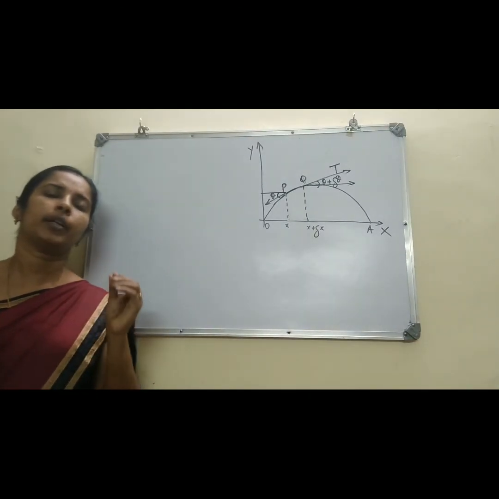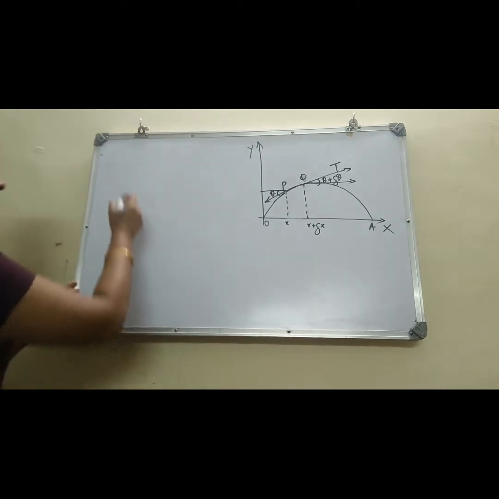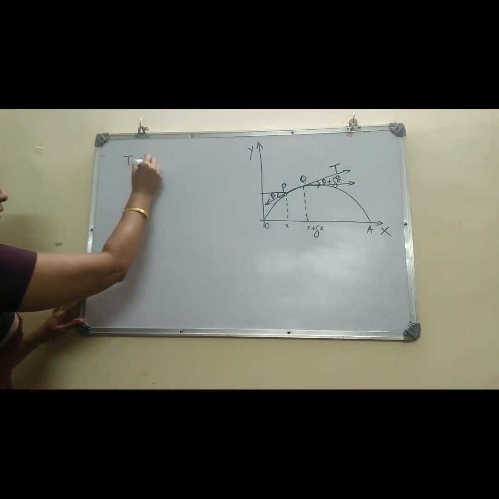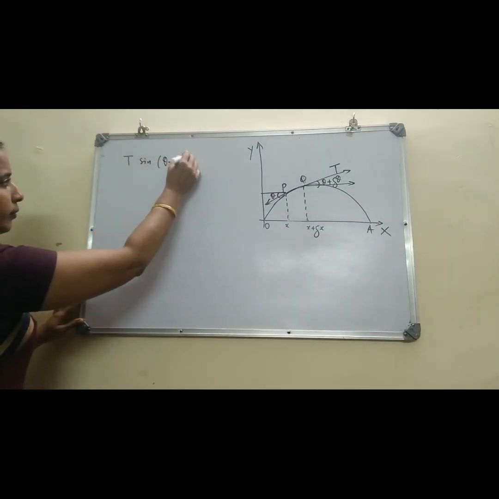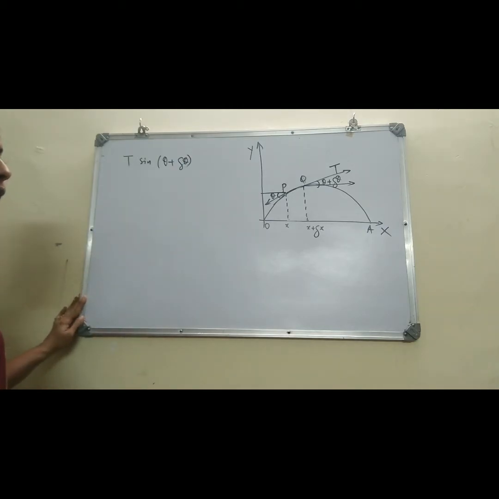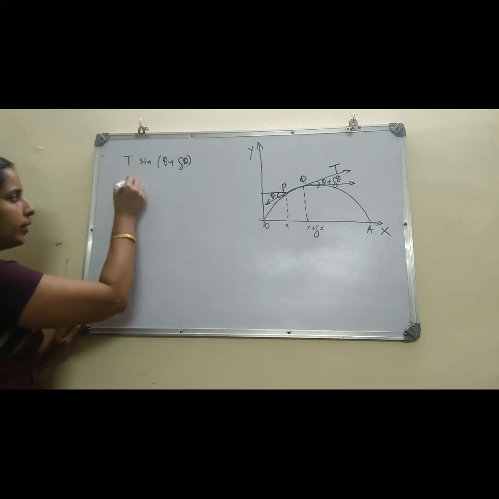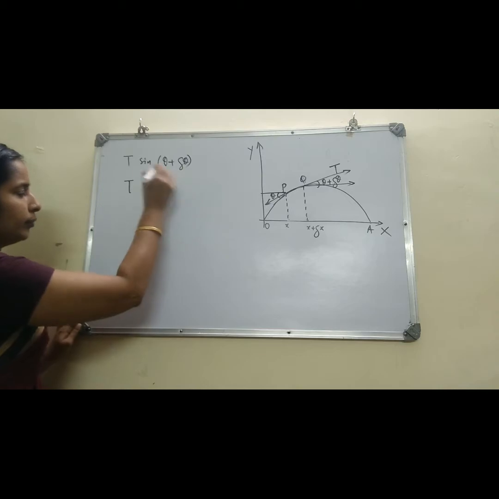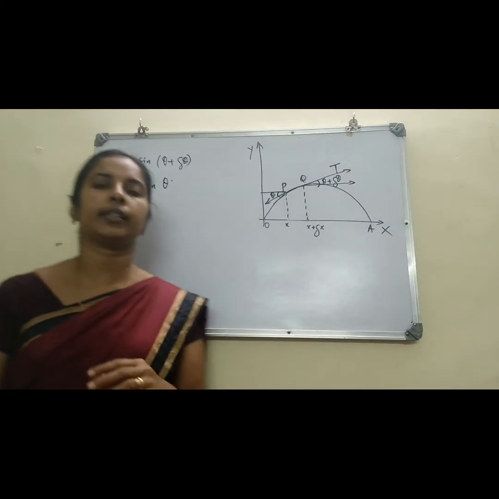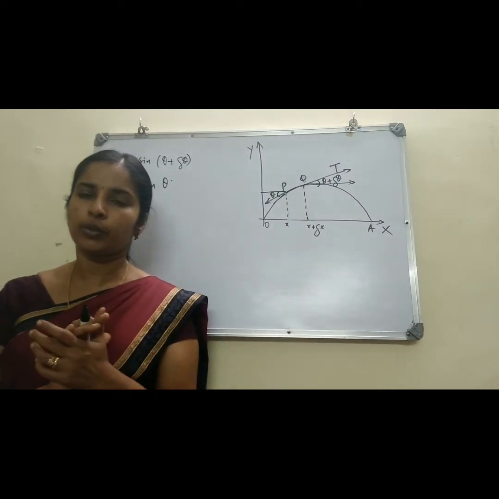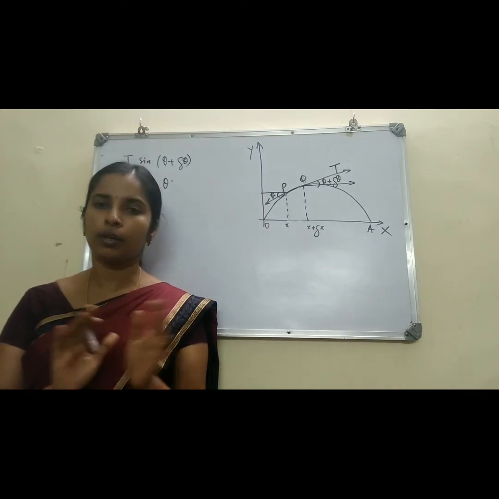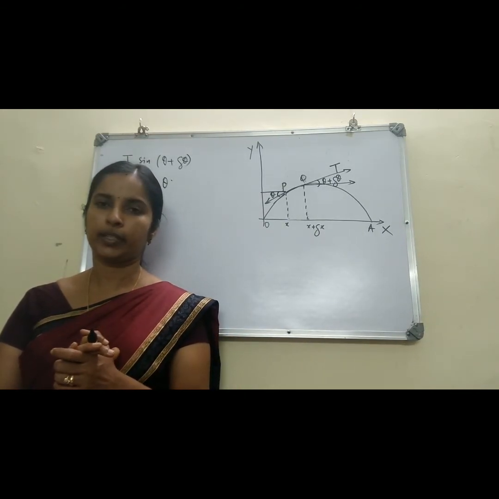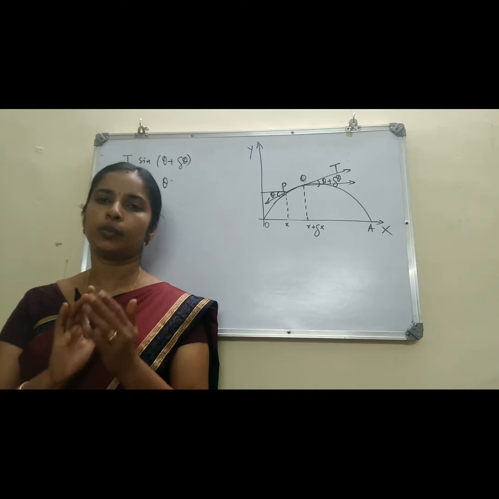See, the vertical component of tension at Q is T sin(theta plus delta theta). Again, the vertical component of tension at P is T sin theta. Our assumption is the only force acting on the string is its tension, and there is no horizontal displacement. The only displacement is vertical.